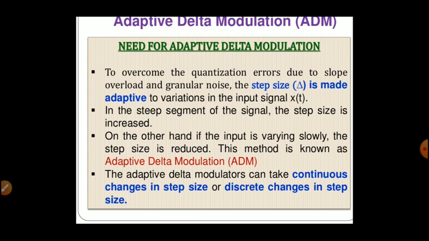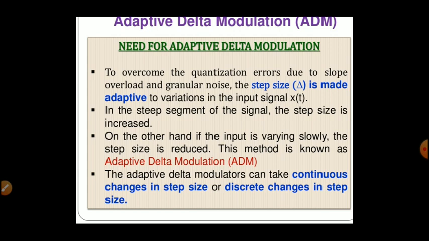Need for adaptive delta modulation. To overcome the quantization errors due to slope overload and granular noise, the step size delta is made adaptive to variations in the input signal x(t). In the steep segment of the signal, the step size is increased.